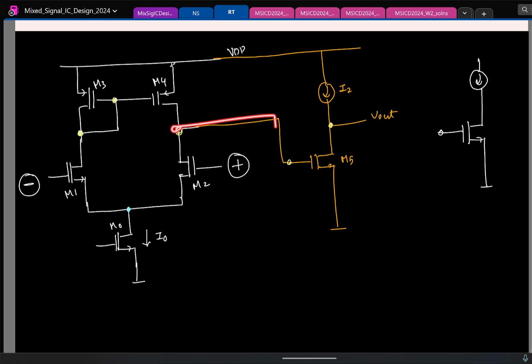Because gate has to be connected here. So whatever you do, you can put any voltage, but how will you ensure that this voltage is sufficient to carry this current I2? You understand the confusion? You can put any bias voltage here, but that's not going to solve the problem.